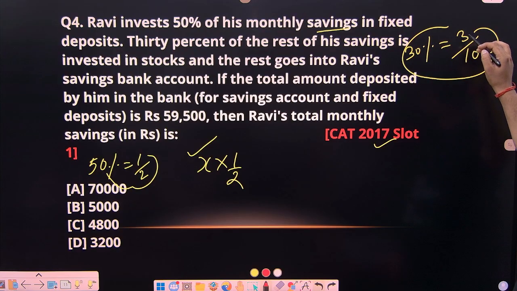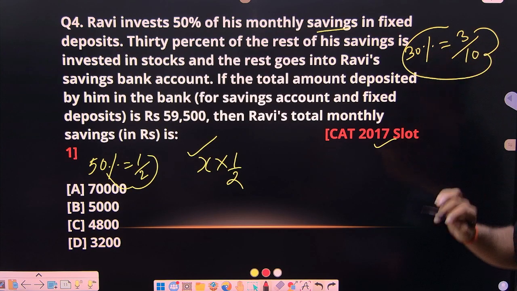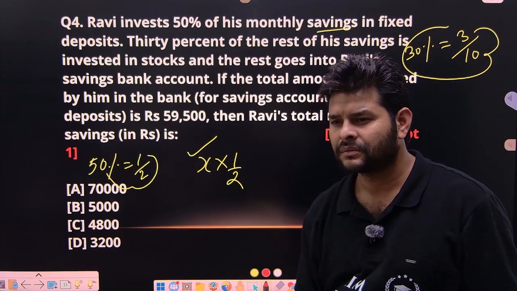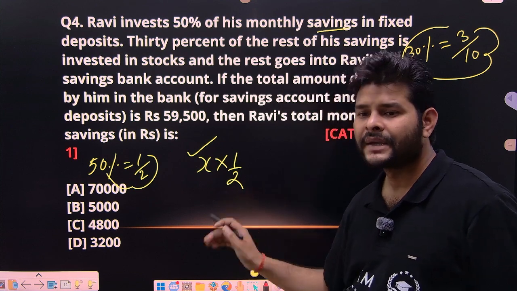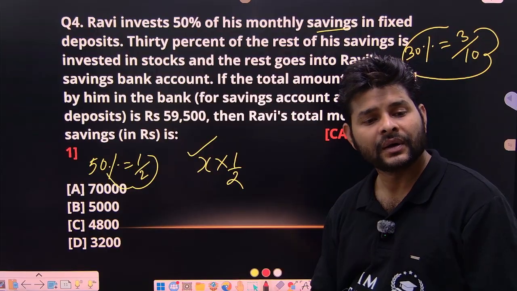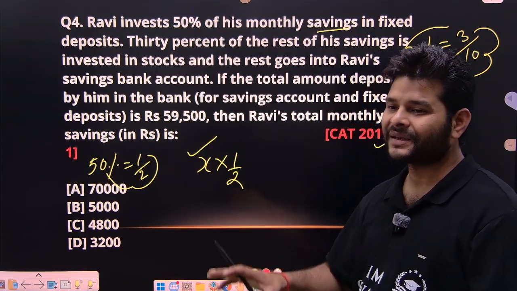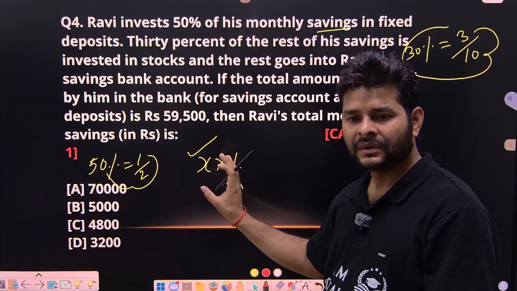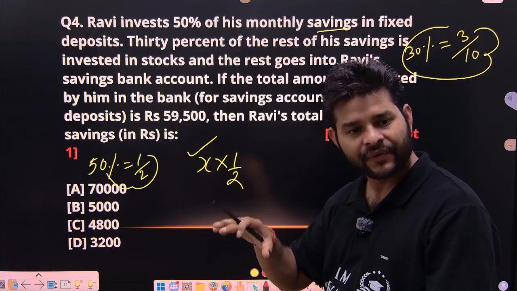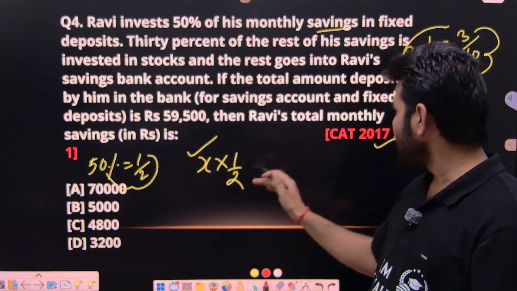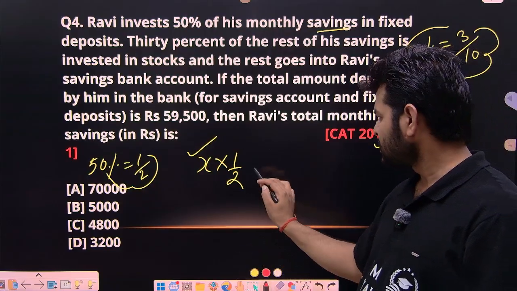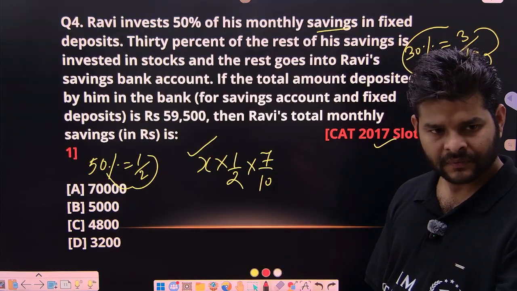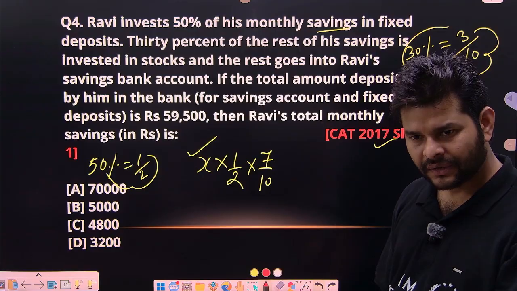If 3 is invested, the remaining is 7 upon 10. 7 upon 10 of what? Of the remaining. Basically he invests 30% of the remaining, that means he still has 70% of the rest. So 70% would be 7 upon 10. So 7 upon 10 he still has. Got it?